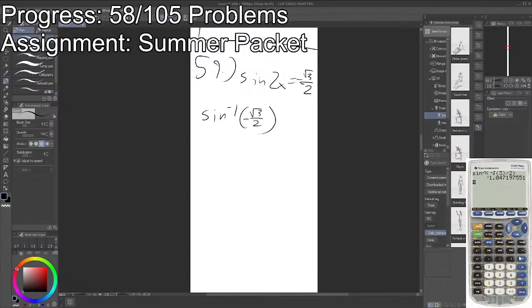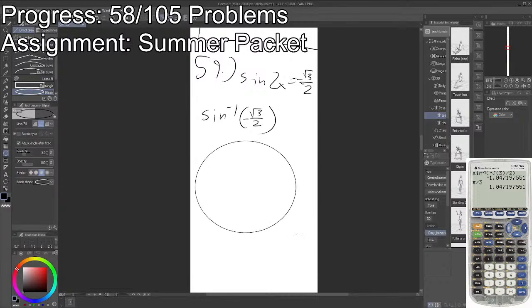Try pi over 3. Yup, it's negative. Draw the circle.